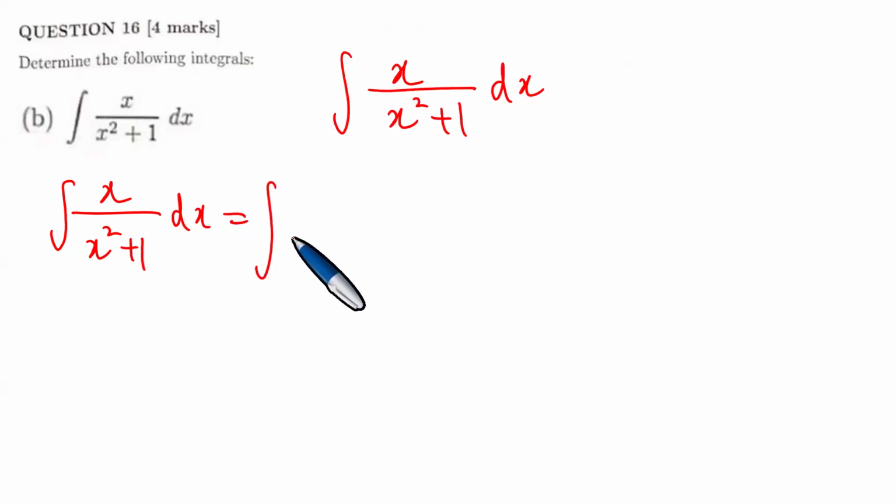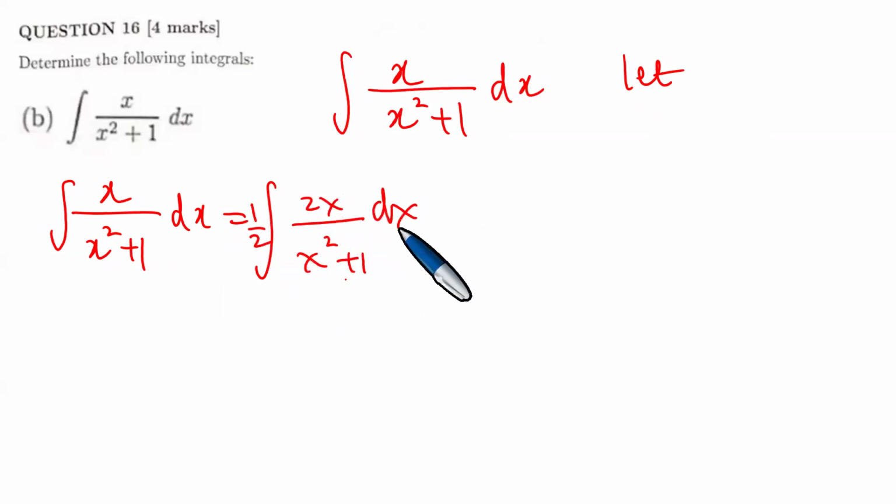Right, so we actually need to use a couple of things, but one thing is to realize that the derivative of the x squared becomes 2x, and you put 1/2 here, and we have dx like this.